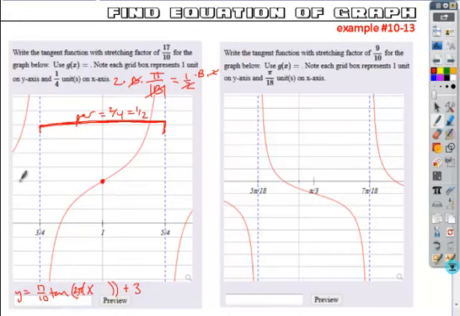And so what shift does this reflect if we move to the right 1? X minus 1, right? So our point started at the origin. We shifted it 1 to the right. We shifted it up 3. And so this right here would be the equation that we would use for this function. Okay.